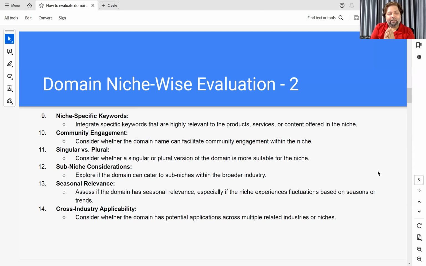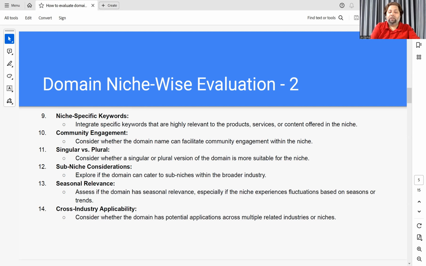And number 11, singular versus plural. In the case of startup cafes.in, it is not good. Startupcafes.com is not good because cafe is one. But in the case of a tool, like power tool, I'm typing powertool.com versus powertools.com.